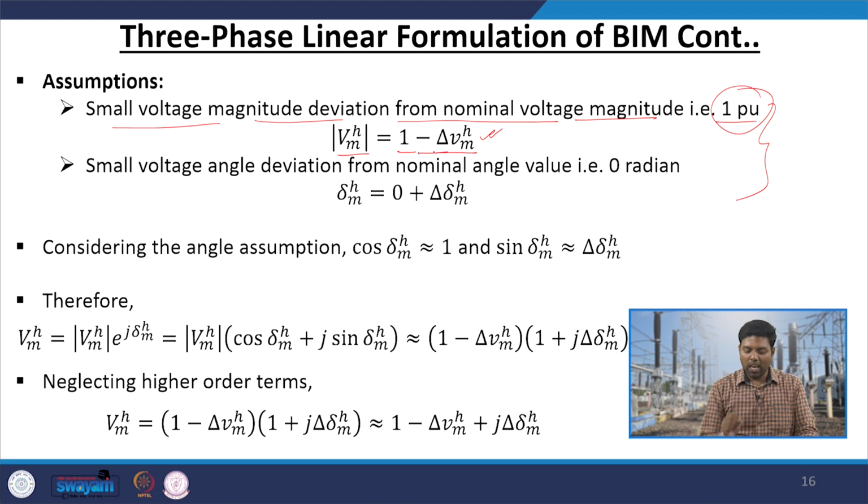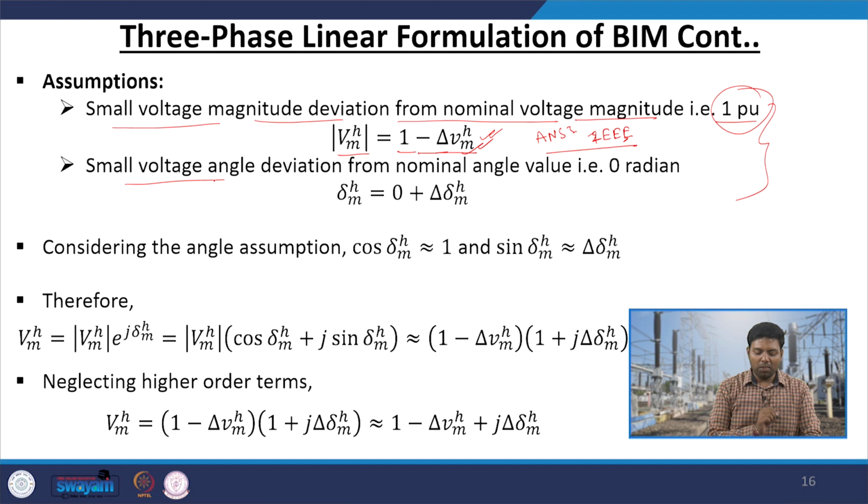So, this assumption is feasible even if you go with the ANSI or IEEE standard. They also say that your voltage should be as close to the 1 per unit level. So, keeping these standards and the real time operation, we can think this assumption is good.